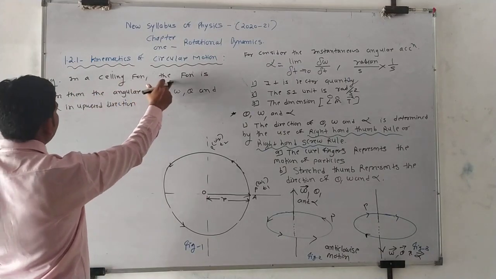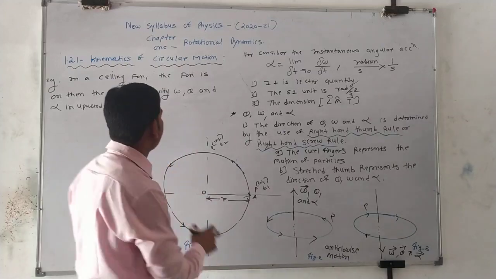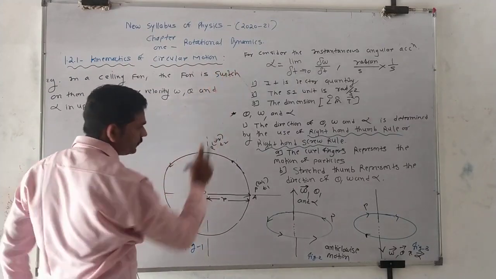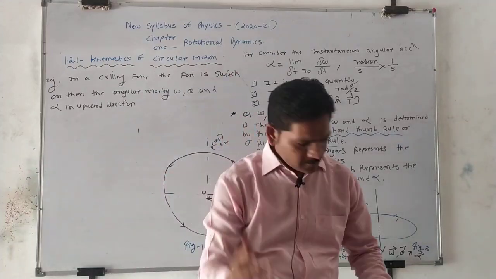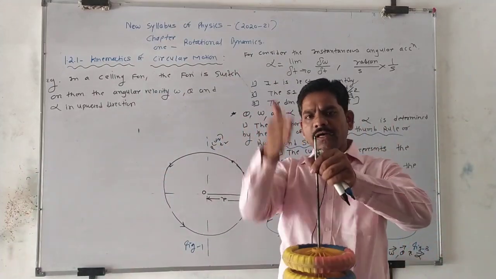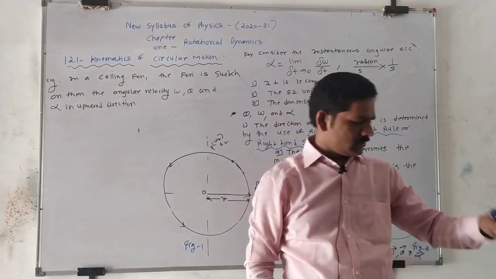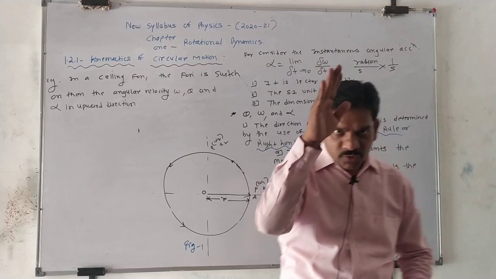In the ceiling fan, the fan is switched on, and alpha acts in the upward direction. But suddenly you switch off the fan, very carefully.